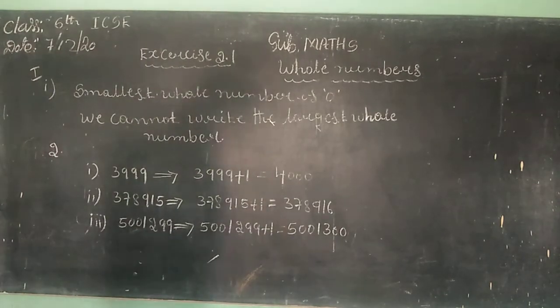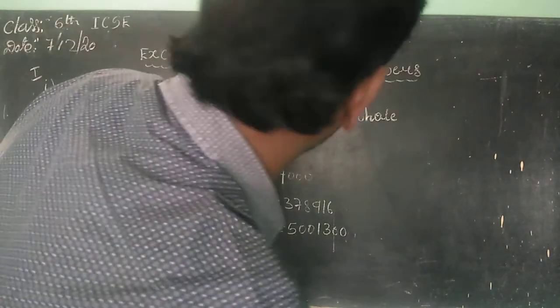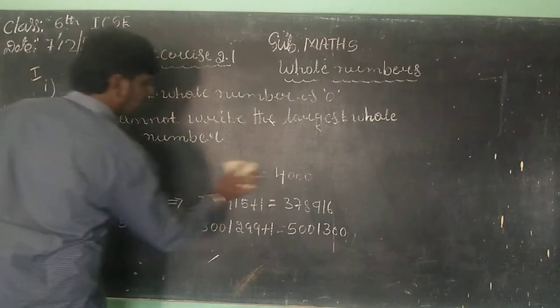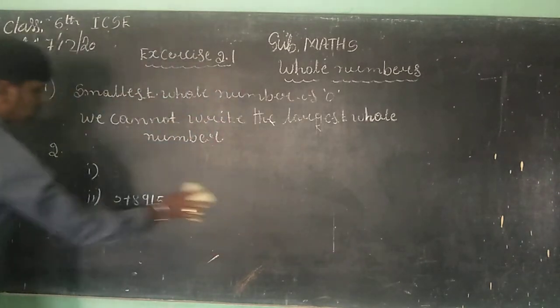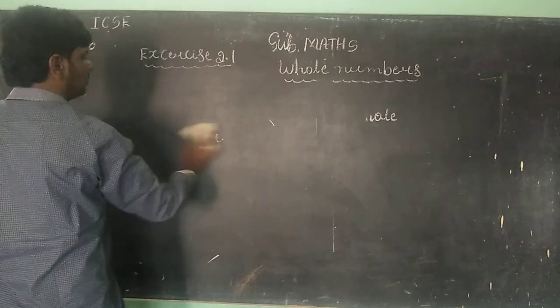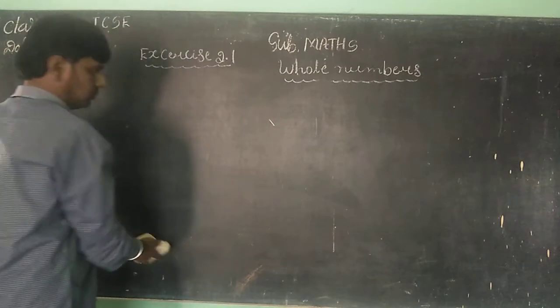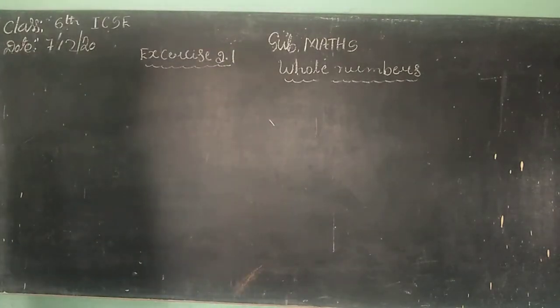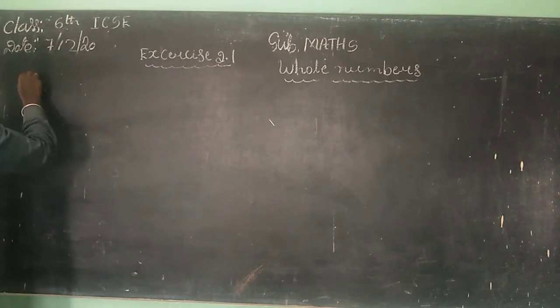Children, next you want to take: write the predecessor of the following numbers. Second one is over. This one we want to write the predecessors. What are the numbers, children?